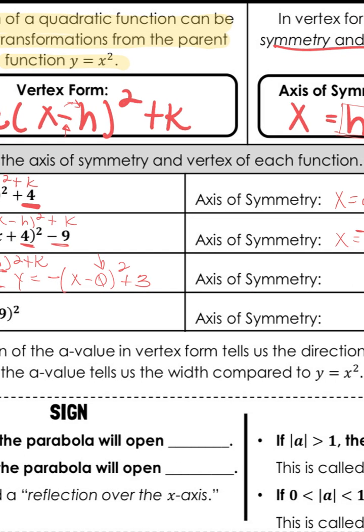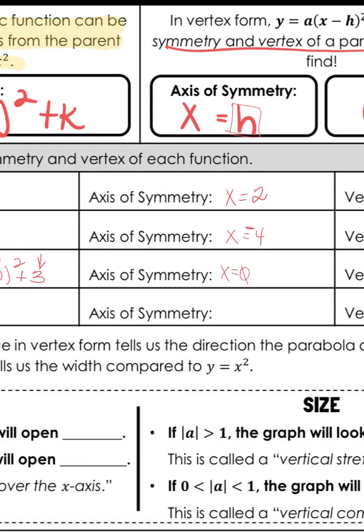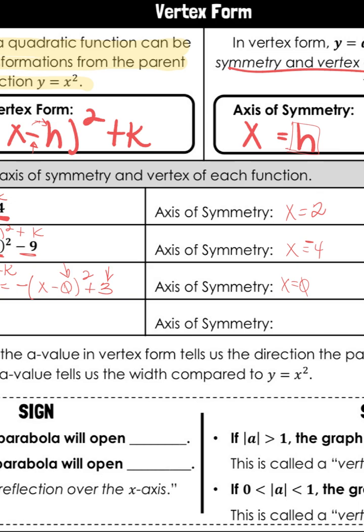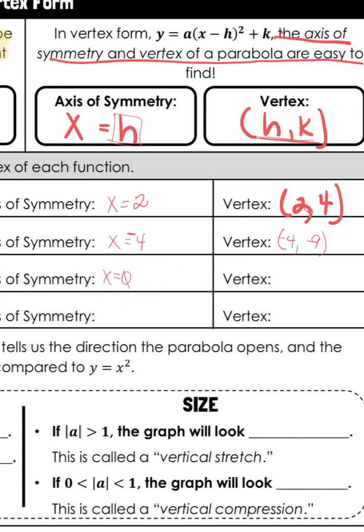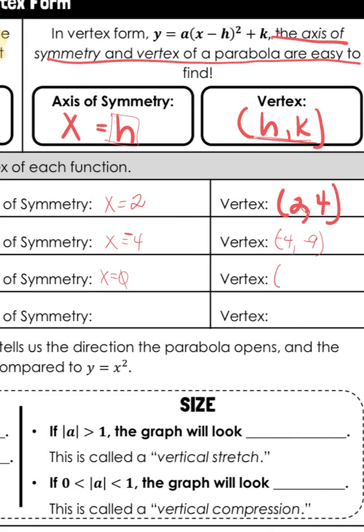So your axis of symmetry is at 0. And k is 3. And so your vertex is going to be at (0, 3).